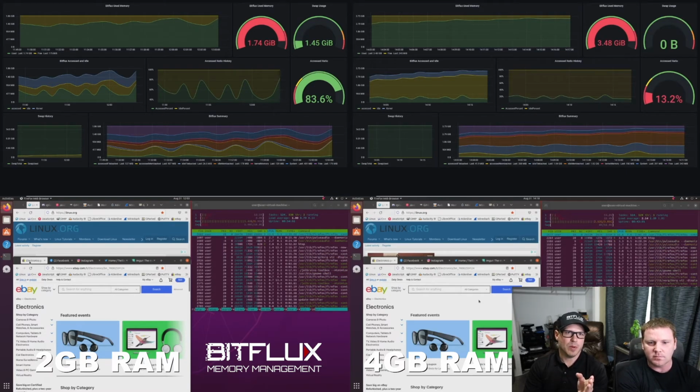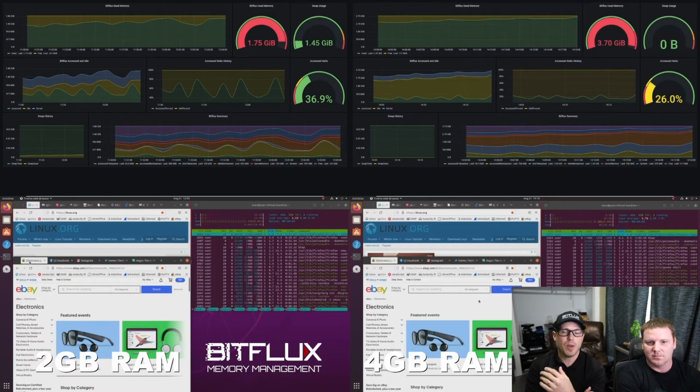We'll probably see that come up soon on the used memory dial, and we're accessing 83.6%. That's a huge difference in what's happening between the two, and it shows how much Bitflux is really helping the system. Again, remember it's 2 gigs and this standard system is running 4. That's a huge insight for me.